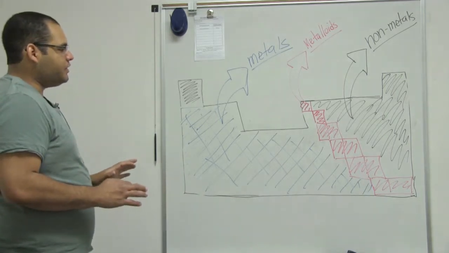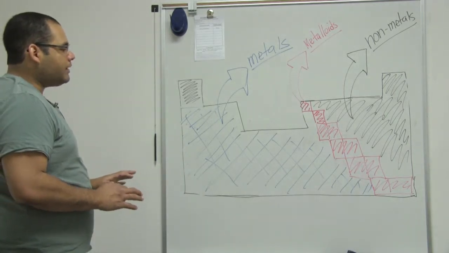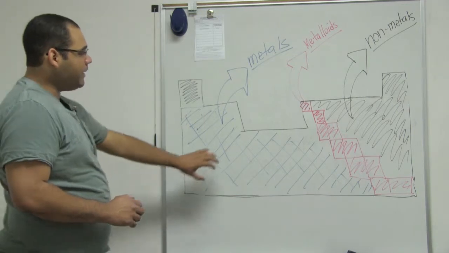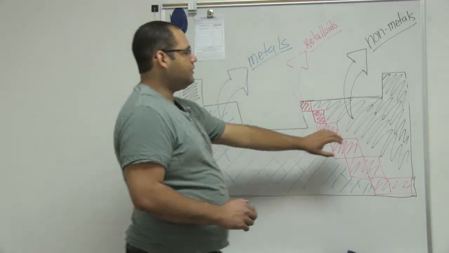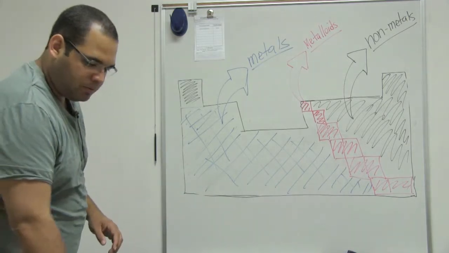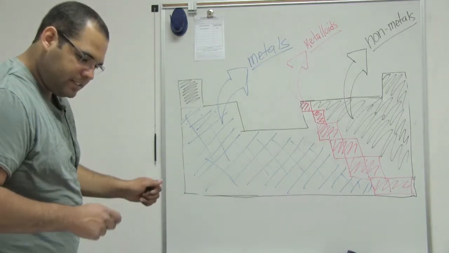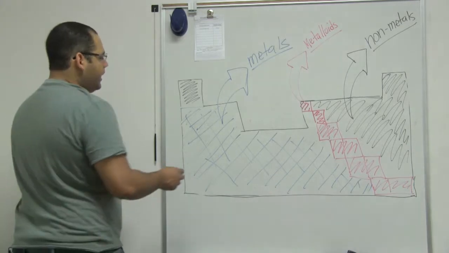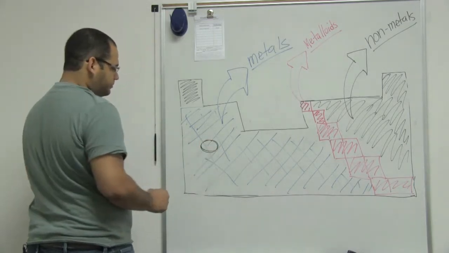Another important thing to know is that when I combine a metal with a nonmetal, I make an ionic compound. For example, let's see calcium, somewhere on here.